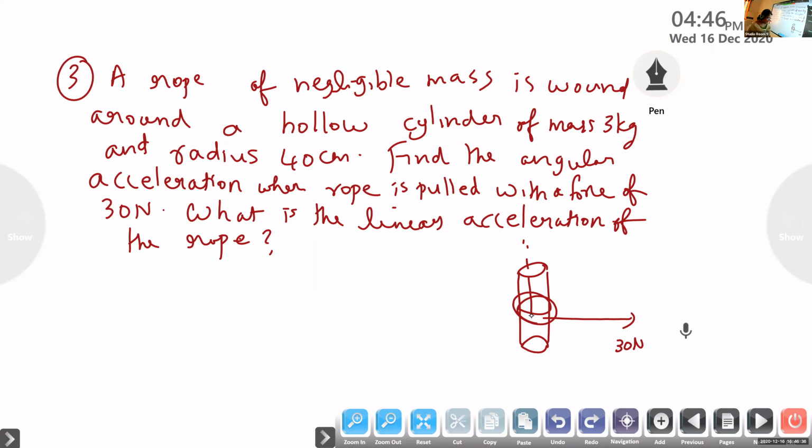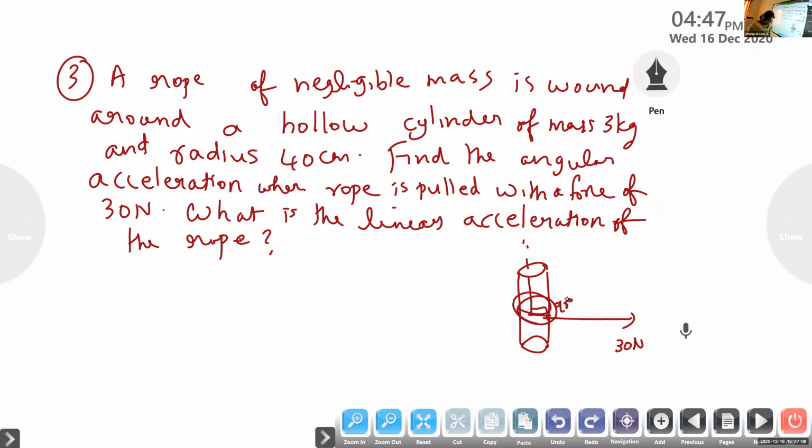The force acts at 90 degrees. The rope is pulling, but the cylinder has a turning effect, just like in a mill where you grind coconut to make coconut oil. There is a cylindrical rope wound around it. So it's more or less something like that.